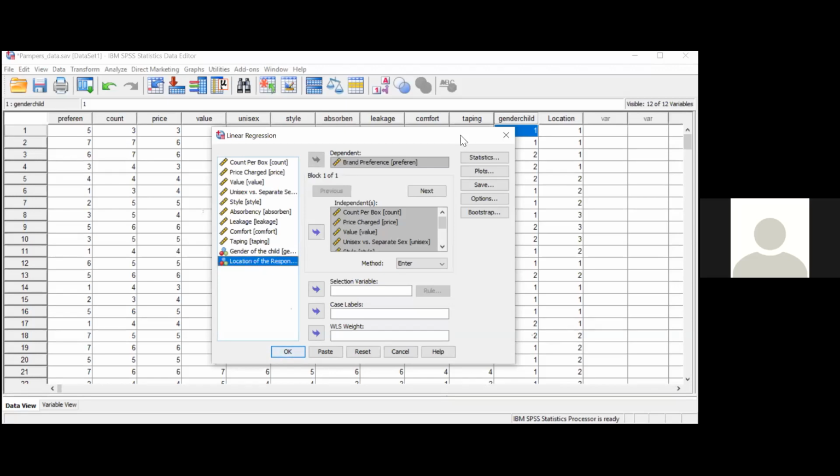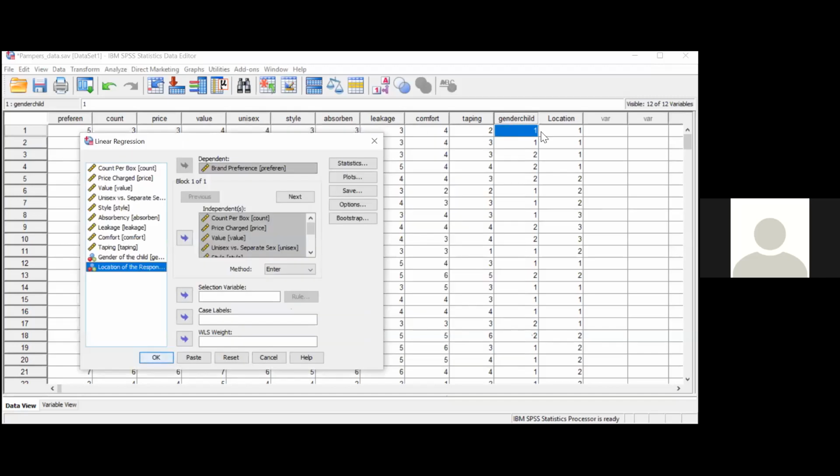So 102 is a number, but 102 is not measuring anything. In that scenario, the number is used only for nomenclature purposes, right? Like here, we use code 1 to represent male and code 2 to represent female. So they are numbers, but 1 and 2 are not measuring anything, right?